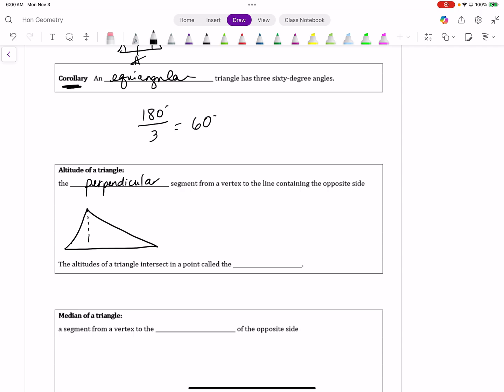The altitude from this vertex up here straight down would sit there. Okay, if you took an obtuse triangle this way and you use this as your vertex, then we can extend that, drop it right there. That's your altitude.